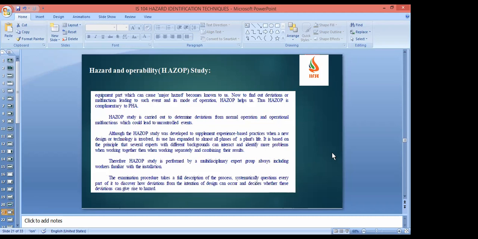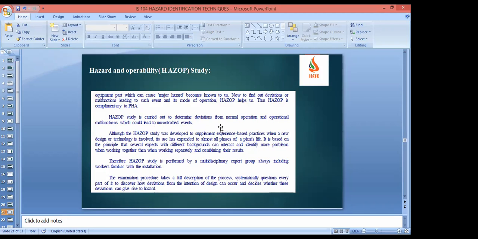Also, the equipment part which can cause a major hazard becomes known to us now, to find out the deviations or malfunctions leading to such an event and also its mode of operation. HAZOP is complementary to PHA, preliminary hazard analysis, because this is developed from the PHA. This study is carried out to determine the deviations from normal operations and also operational malfunctions which could lead to uncontrolled events.